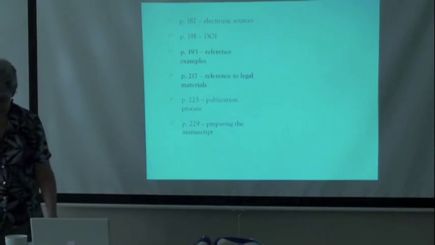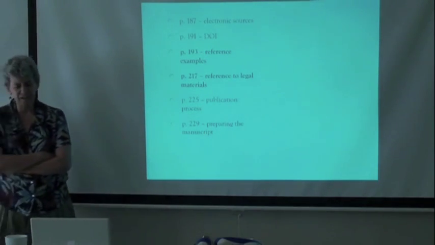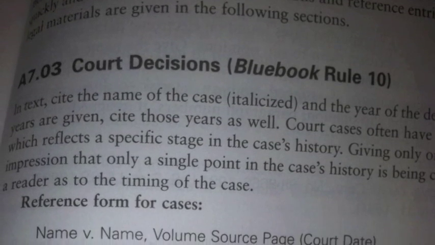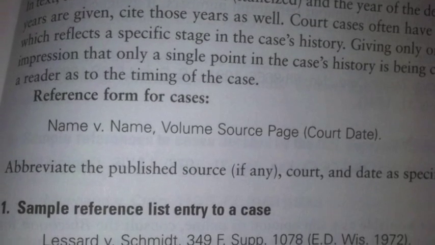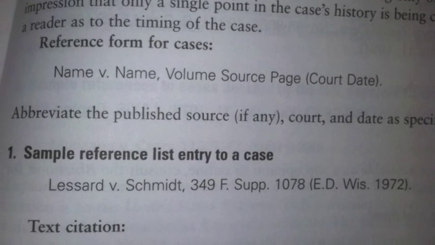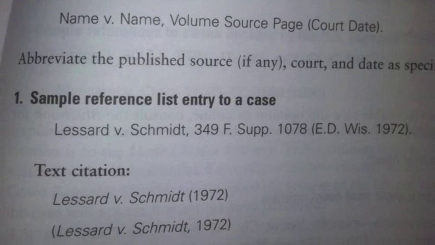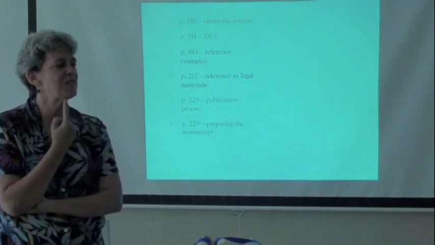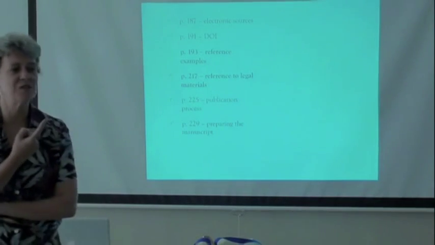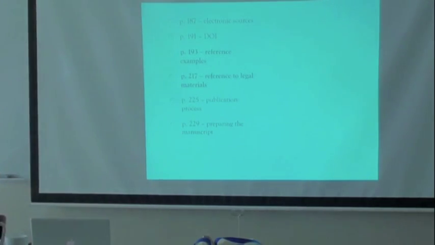Page 217, I use this as well, the reference to legal materials. In special education, sometimes we do refer to legal materials. In education, sometimes we refer to legal materials. We might want to cite, for example, the Individuals with Disabilities Education Improvement Act of 2004. There's a way to cite that.